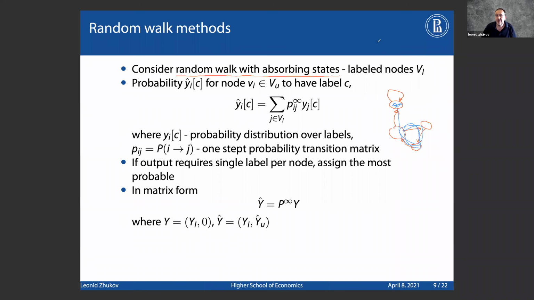On every step you can make a step, but you never leave this node. It's a virtual step back to this node. So you walk around, and when you get to this node, you're stuck there.